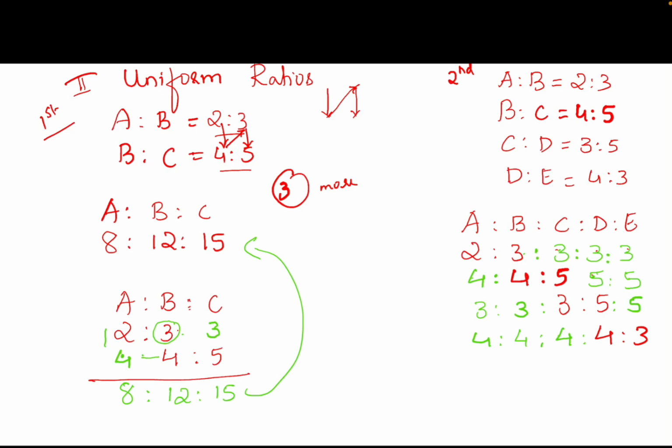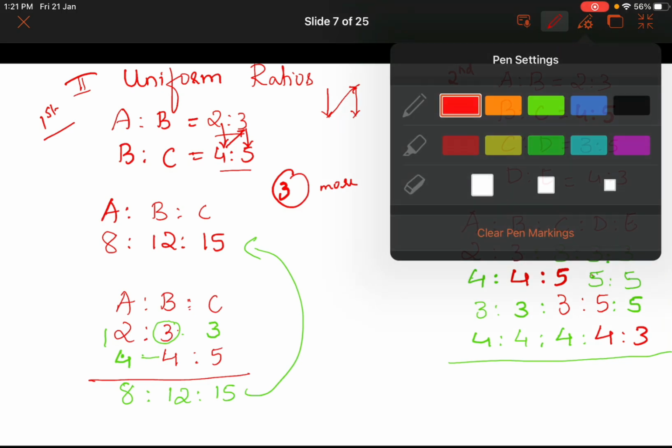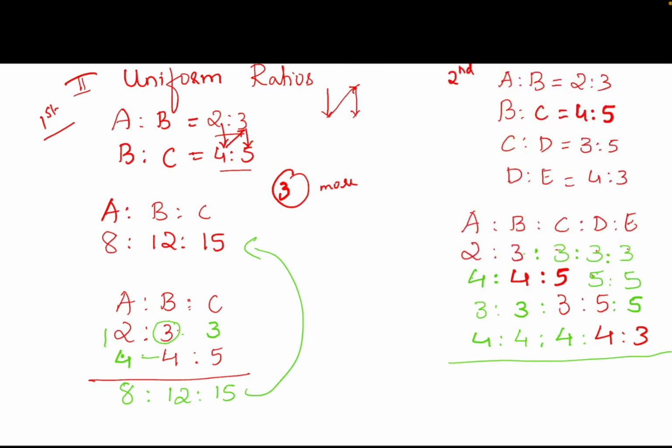Now we can multiply them directly. But before multiplying, check if any number is common. If any number is common, cancel that number. Now 3 is common between all, for example in this column, this column, this column and this column.